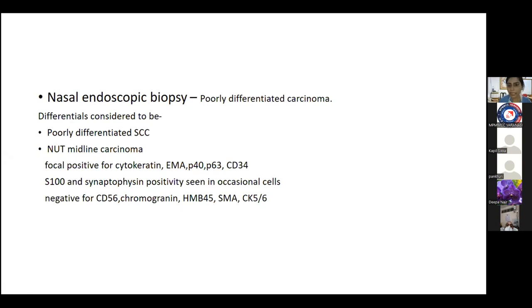Is my slide visible? Yeah. So before this biopsy report, you said that on radiology you feel it could be a benign or a low-grade malignancy. Yes. Now, on the radiology, you saw that there is a kind of an infiltration of the ITF as well.